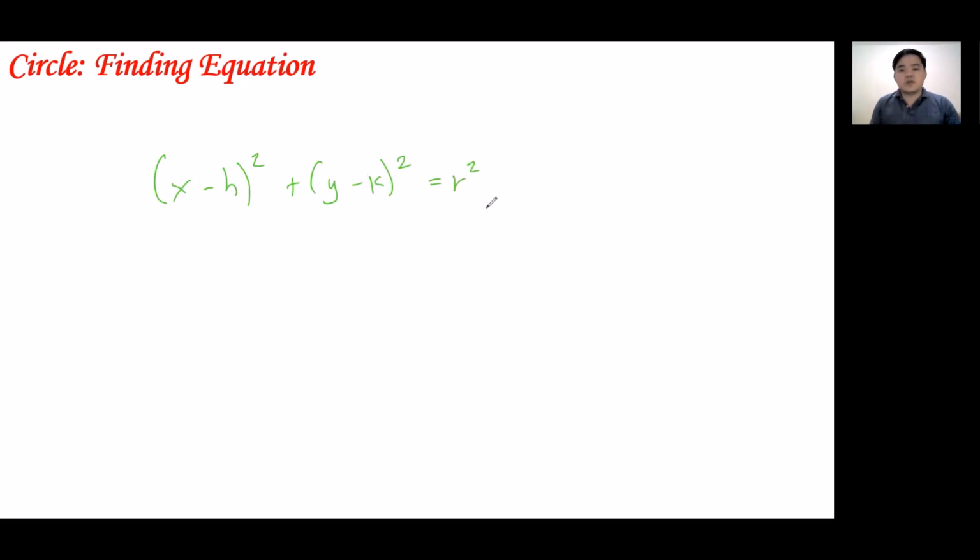Before we proceed, we're going to identify what those letters are. The h and k are the center point of this kind of circle. Then the x and y are our circle coordinates. And lastly, our r, I think you're very much familiar with this, is what we call the radius.